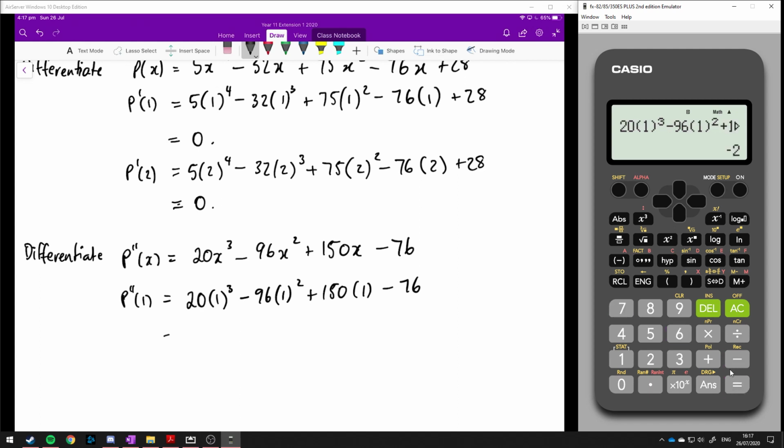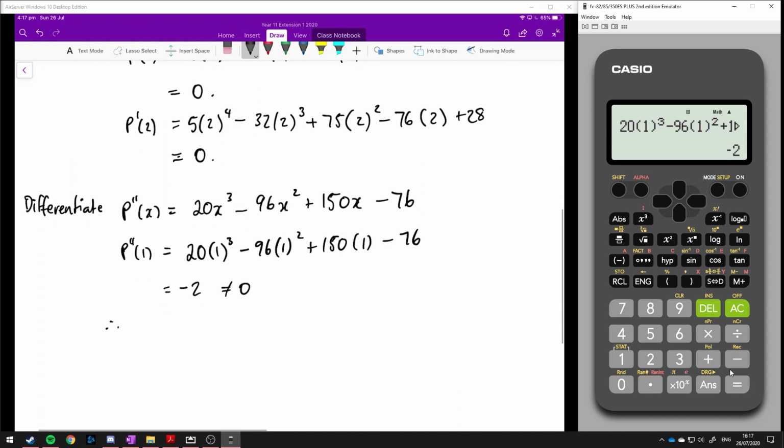And that gives us minus 2, which is not equal to 0. So therefore, x is equal to 1 has multiplicity 2 of p of x. So it means there's only two zeros. It's only a double zero.